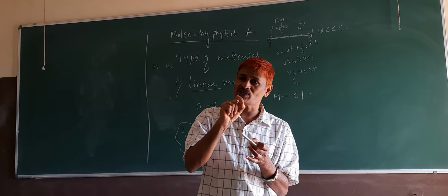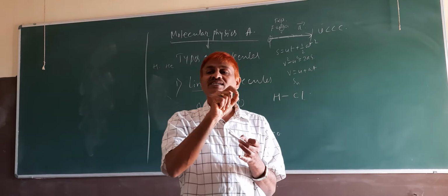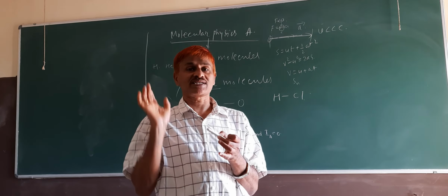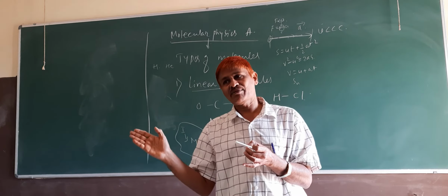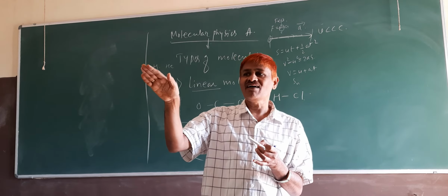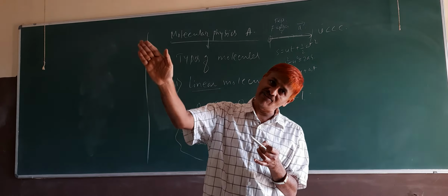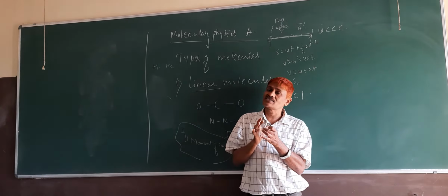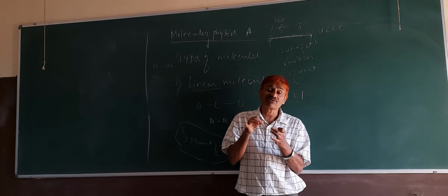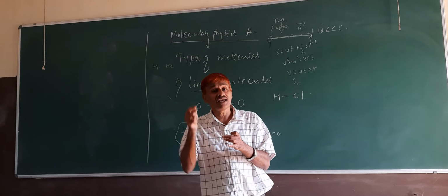Inertia for linear motion, moment of inertia for rotational motion. You got it? Moment of inertia is the same as inertia: inertia is the minimum force required to set the body in linear motion, and moment of inertia is the minimum force required to set the body in rotational motion.